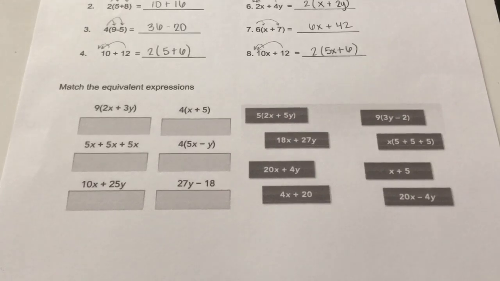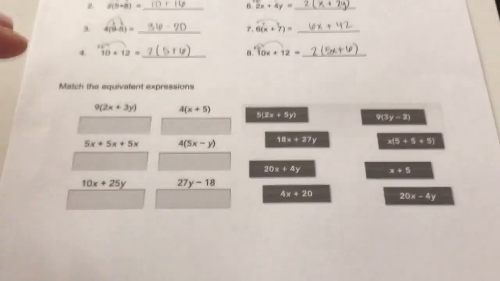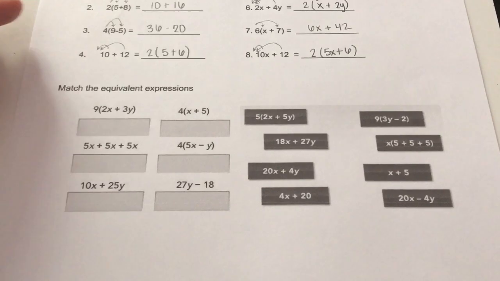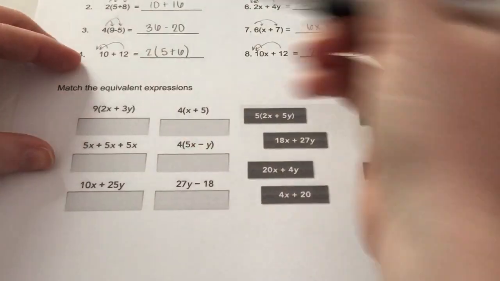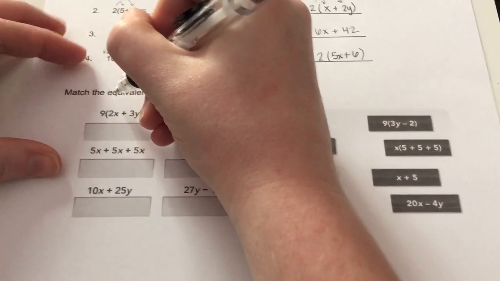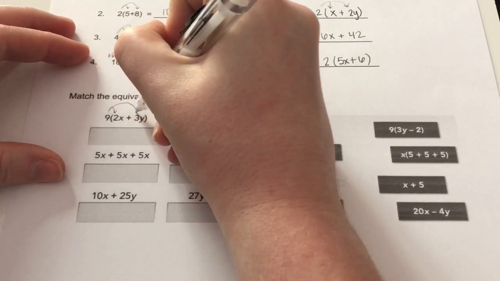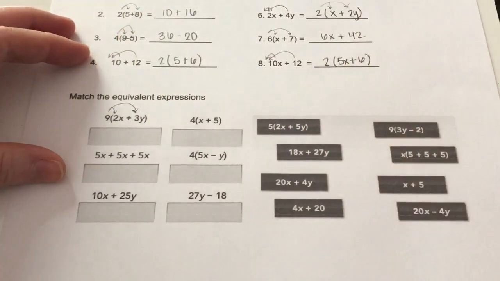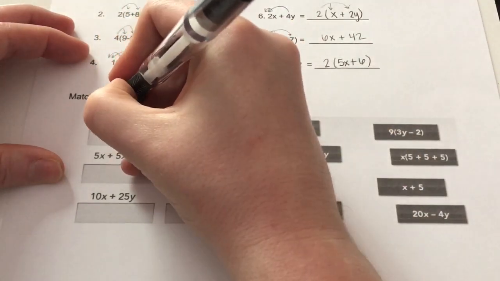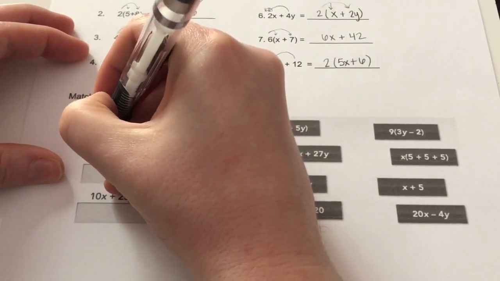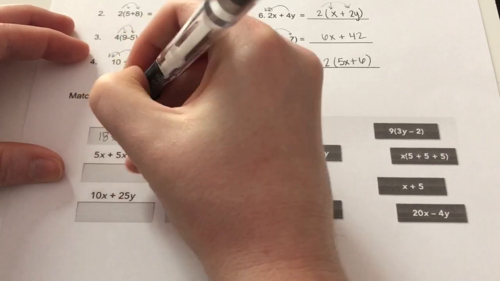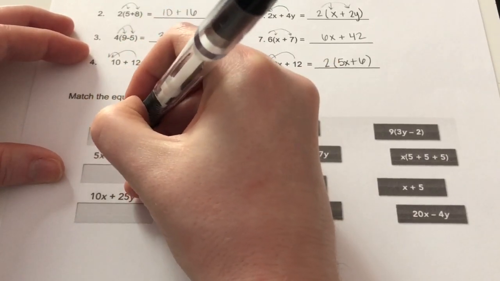All right, last thing we need to do is match the equivalent expressions. Let's see. So again, I think what I'm going to do here is just distribute that 9. Again, when there are variables, that's fine. Just do the math that you can. I can do 9 times 2, which is 18x, and I can do 9 times 3, which is 27y.